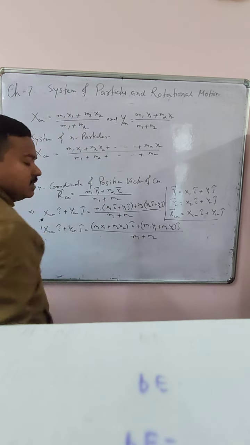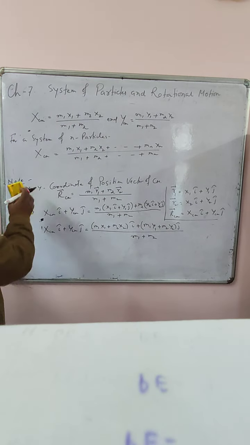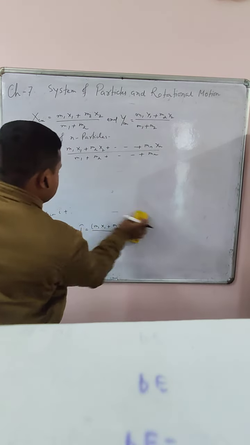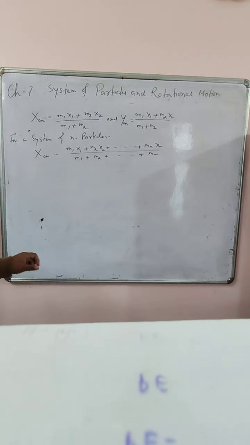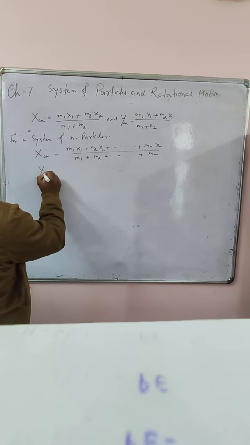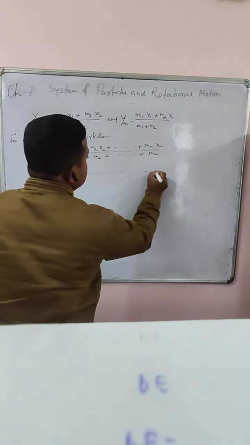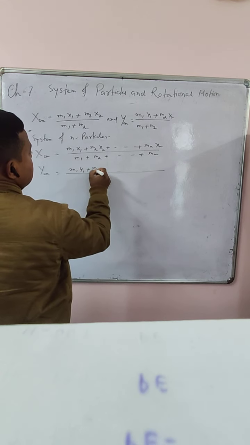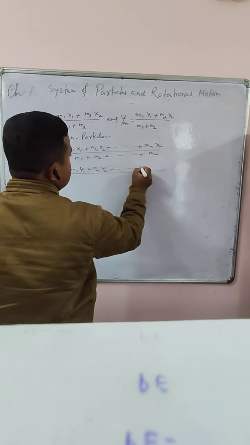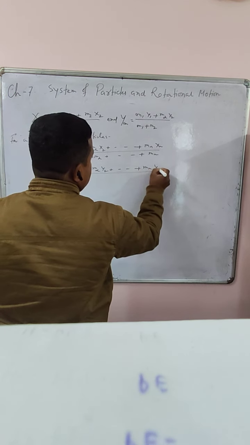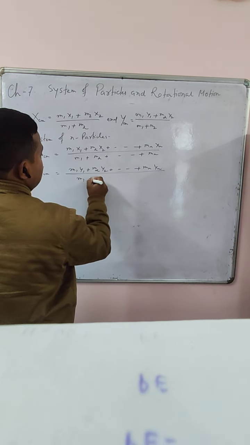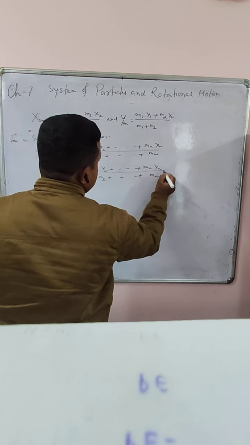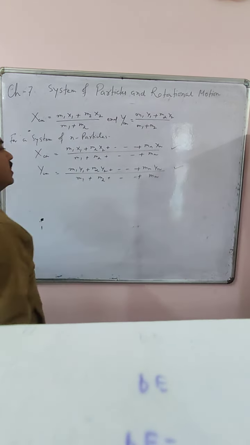So this is xcm for n particles. Similarly, you can write ycm. It will be m1 y1 plus m2 y2 up to mn yn by m1 plus m2 up to mn. So this is the xy coordinate of center of mass.